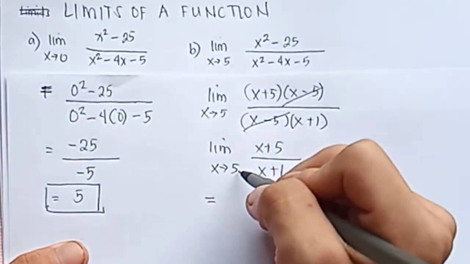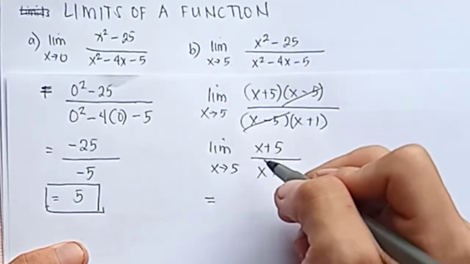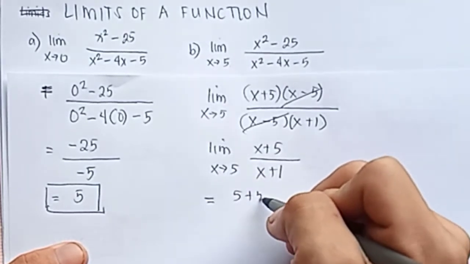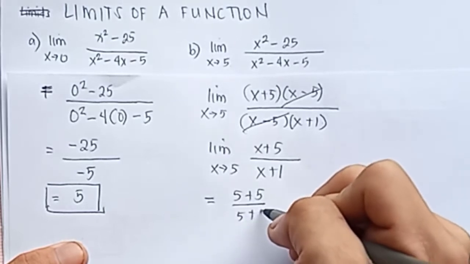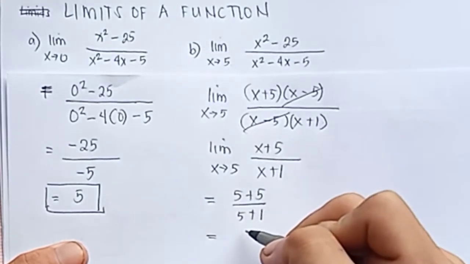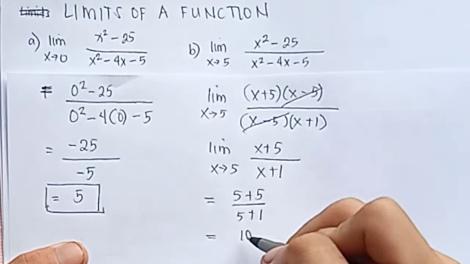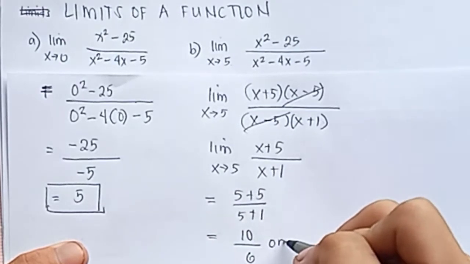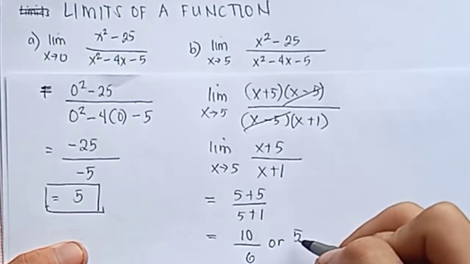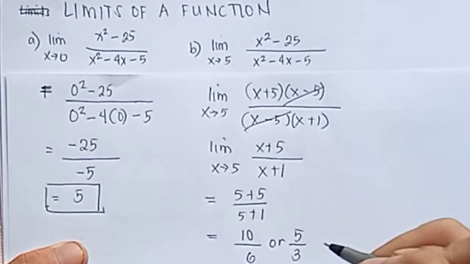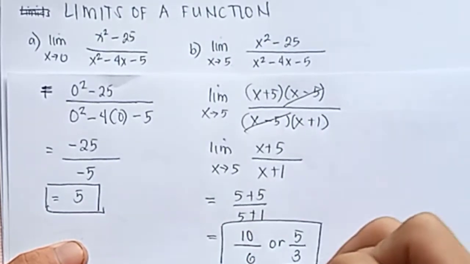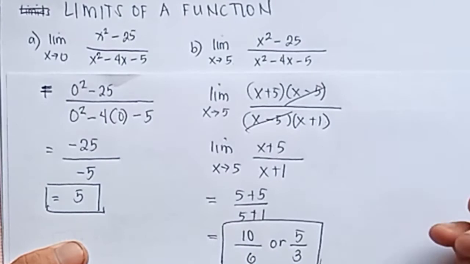That is equal to, okay, plug in na natin yung 5 dun sa x. So, we have 5 plus 5 over 5 plus 1. So, I have 10 over 6 or 5 over 3. So, eto na yung limits niya. Okay?